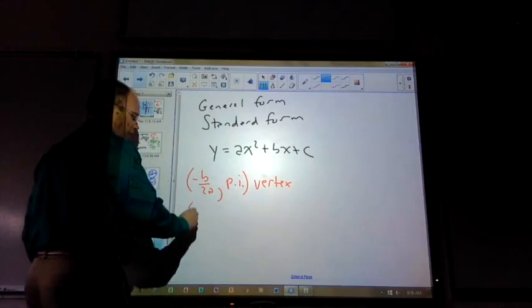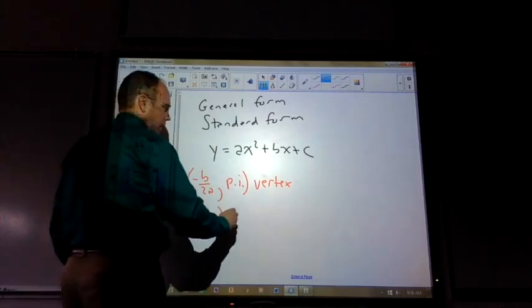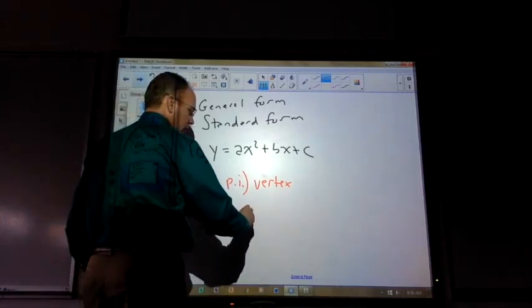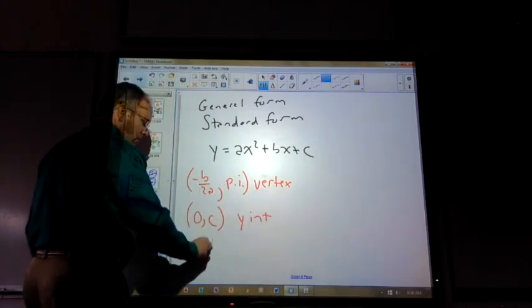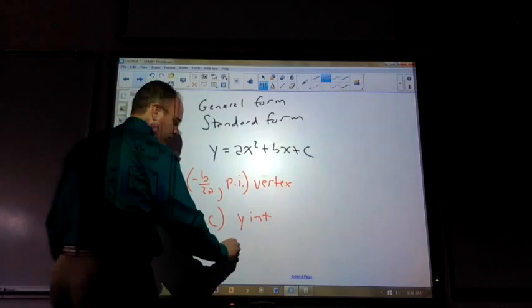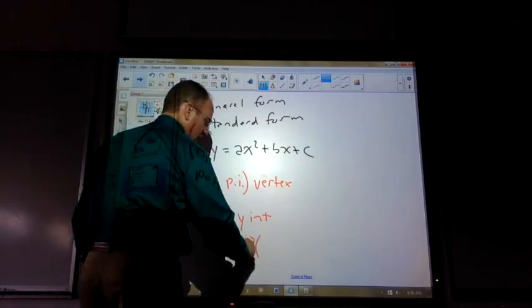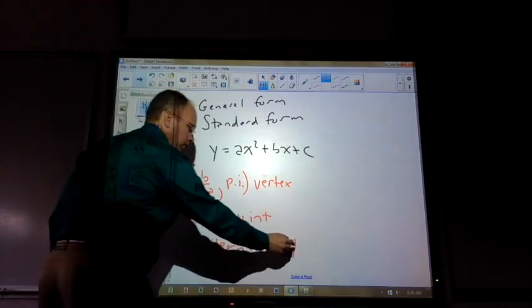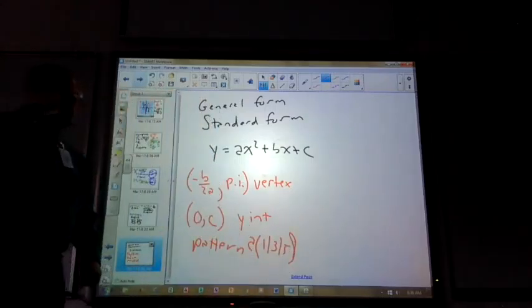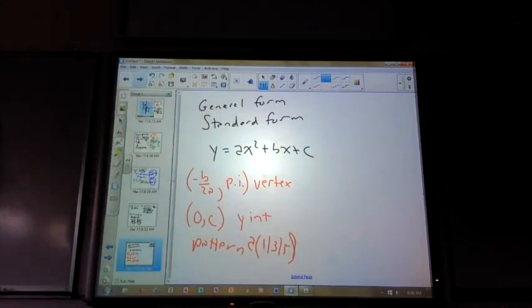You also know that (0, c) is your y-intercept. And then you can pattern graph, which would be a times 1, 3, 5. If a is negative, 1, 3, 5 can be negative. So that's kind of a go-to.